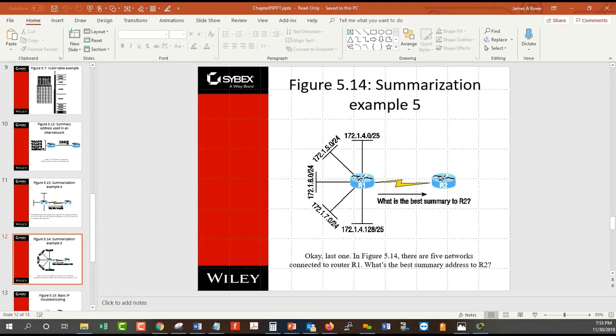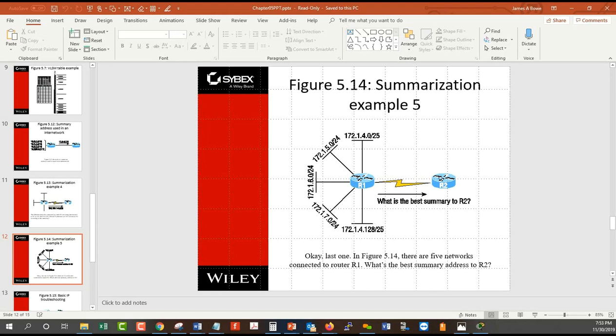Okay, and that's because this network here and this network here is a /25 and a /25, which means that there are 25 bits in the subnet mask, and that is fine. But to summarize all of this, I've got 4, 5, 6, and 7.